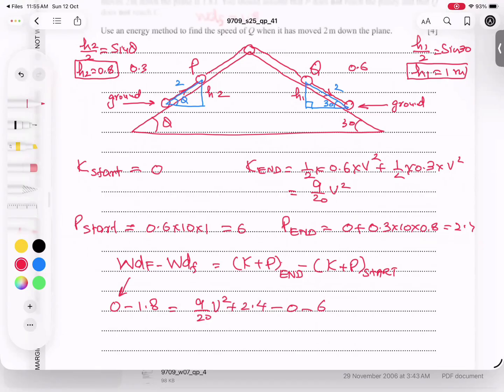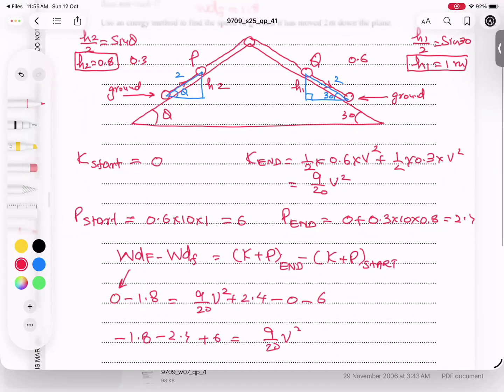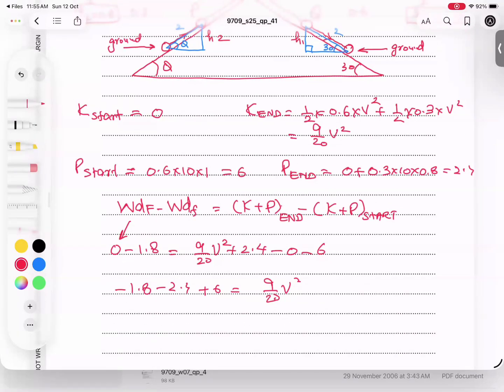Now I'm going to solve it. Negative 1.8 and this goes there. Negative 2.4, this goes there. So plus 6, and 9 over 20 v to the power 2. Now if I type in the calculator, students, negative 1.8, negative 2.4, and plus 6, I get 9 over 5. And this 20 and 9 will come on this side.